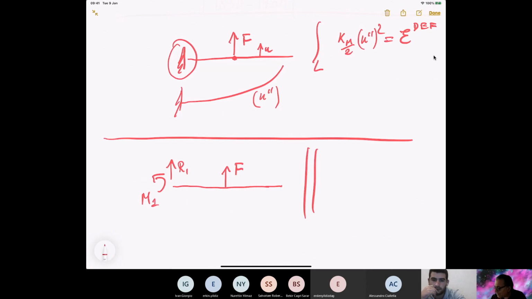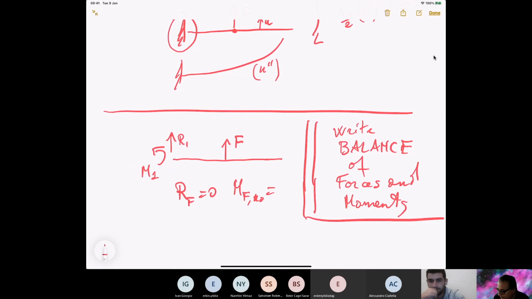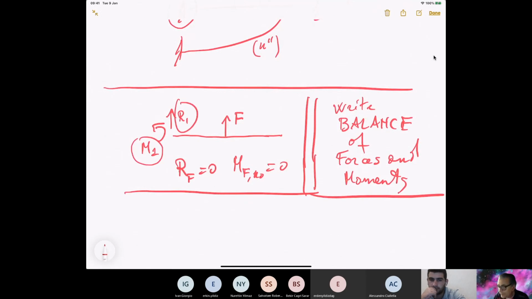So what I do, I write balance of forces and moments, because I know that in equilibrium, the resultant force is 0 and the resultant moment is 0. Okay. And if I'm lucky, I can calculate this and that constraint forces.